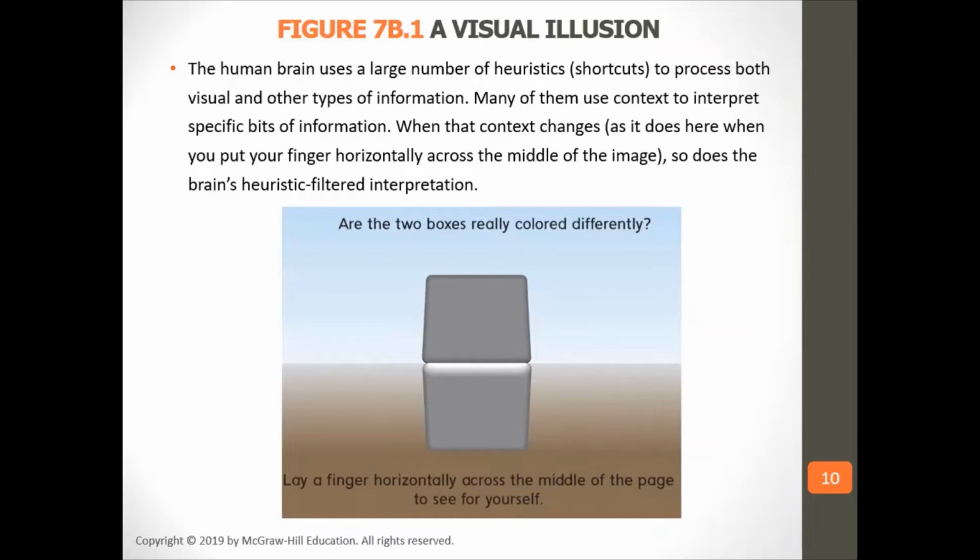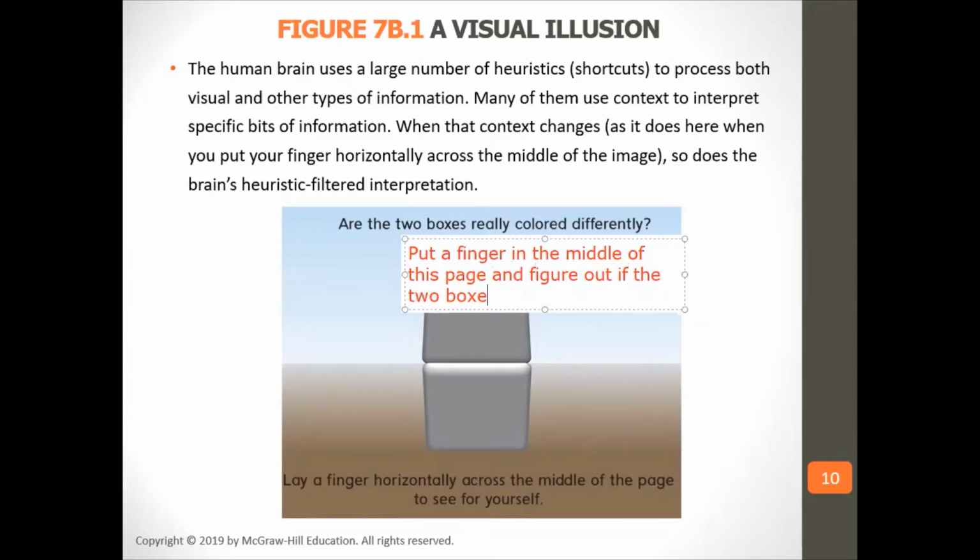So put a finger horizontally across the middle of the page, and then answer, are the two boxes really colored differently? Can somebody try that and tell me what you see?